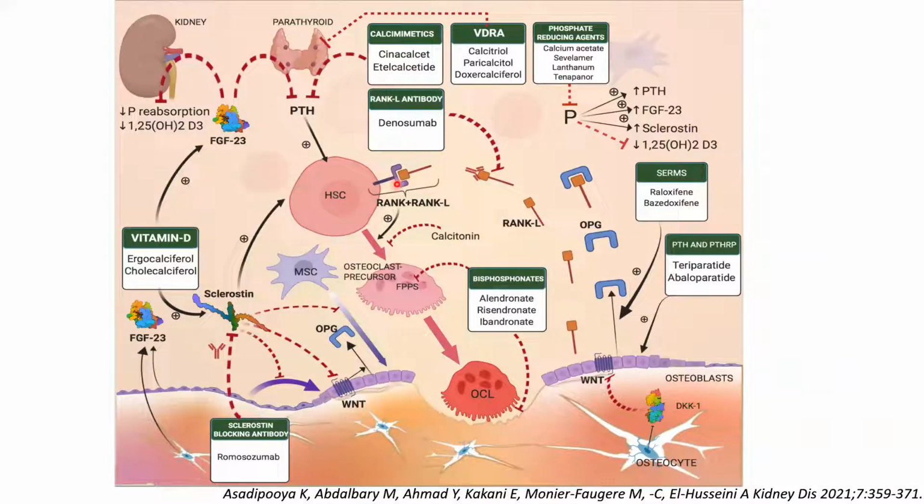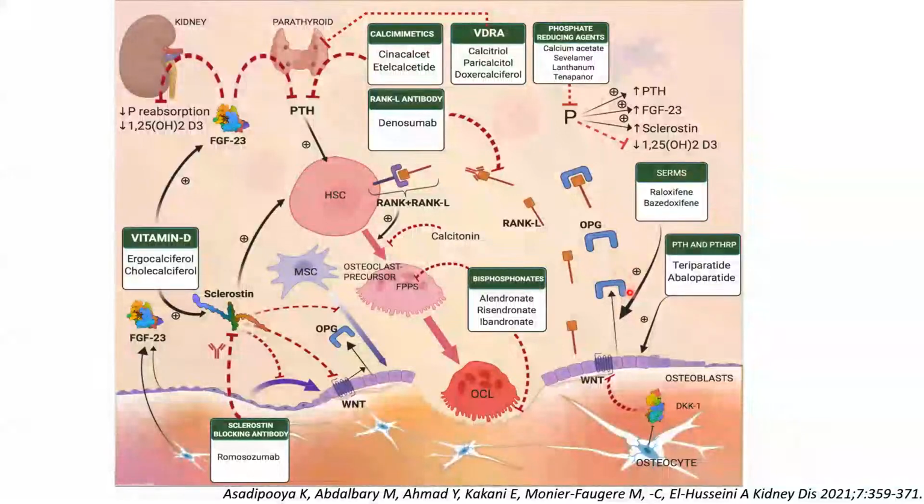When it attaches to its receptor, it stimulates the precursor of osteoclast and causes bone resorption. So denosumab acts as an antibody to RANKL, preventing it from attaching to RANK, so it stops the osteoclast maturation and function.